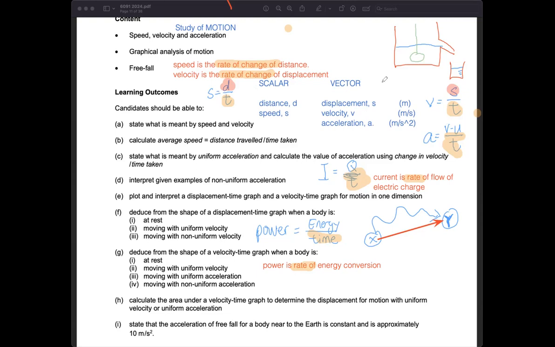So now, based on what I've taught you about divide by t being rate, can you make a guess? What is the definition of acceleration? Okay, all of you make a guess. Okay, Brian, well done. How about the rest of you?